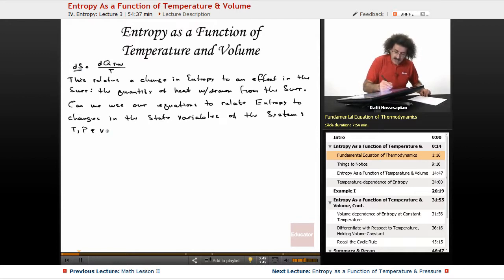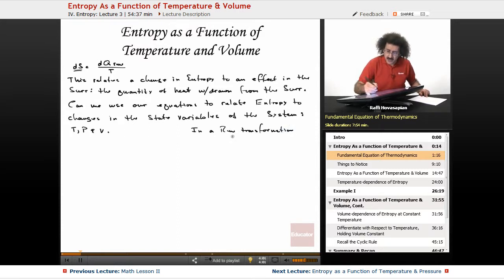Now, we know that in a reversible transformation, remember from our discussion of energy, we said that the external pressure is actually equal to the pressure of the system. Because for something reversible, the system and the surroundings are always essentially in equilibrium.